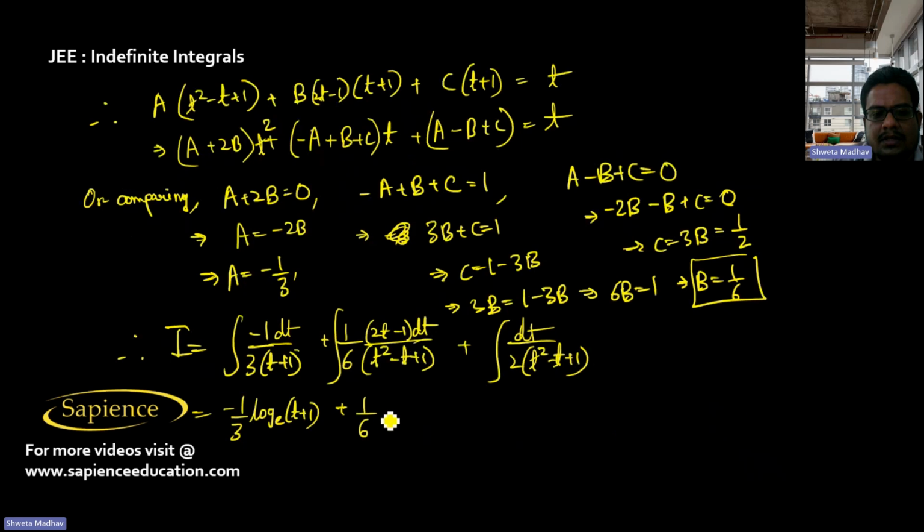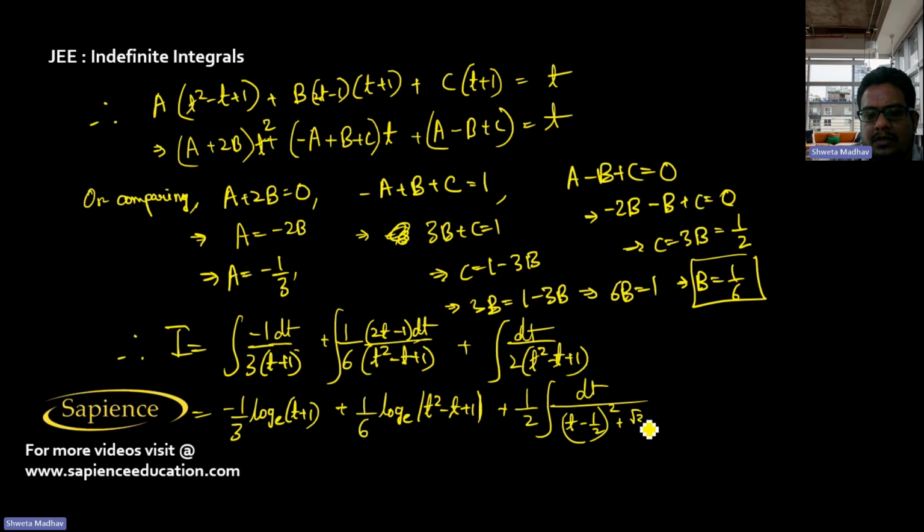Integral dz by z is log z, so log base e of t square minus t plus 1, plus 1 by 2 integral, this we can write as dt by t minus half whole square plus root 3 by 2 whole square.